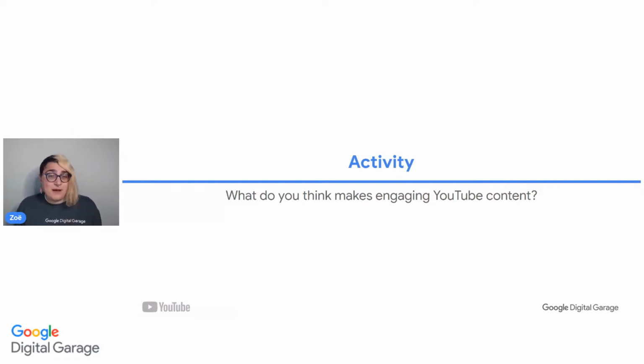So I'm looking for inspiring content as well. So those are the things that, for me, makes engaging YouTube content. I'm looking for that to the point, inspiring, creative content. But of course, that answer is different to everybody.